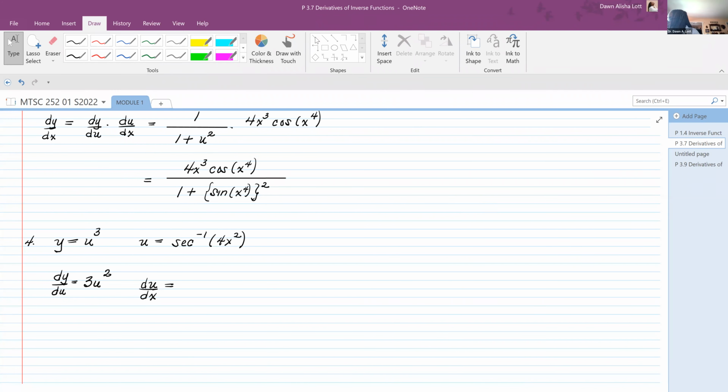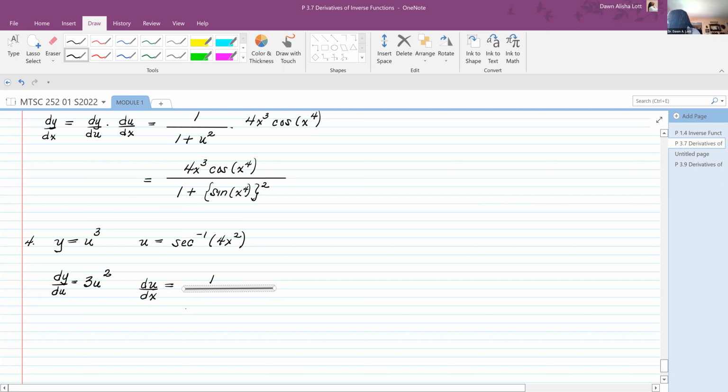So I agree, you have 1 over the absolute value of 4x squared, and then the square root of 4x squared minus 1. And then what do I have to multiply by?